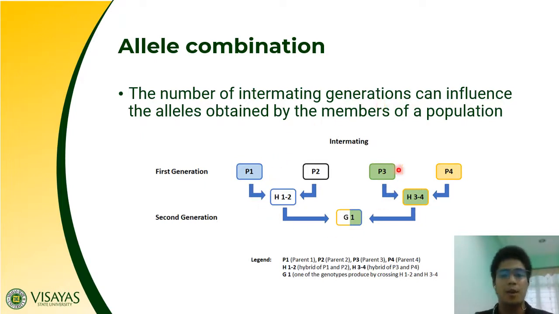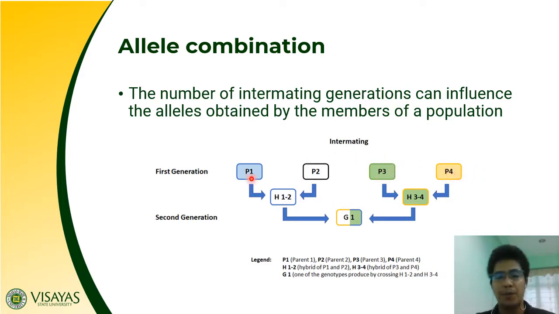In the diagram, we have 4 parents involved in the first generation, and using 4 parents requires 2 generations of hybridization for all the members of the population to have the alleles from those 4 parents. Here we have P1 colored blue, P2 white bordered with black, P3 green, and P4 light yellow.